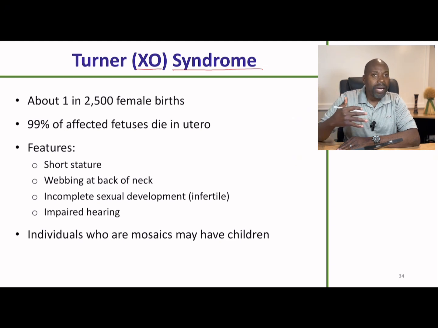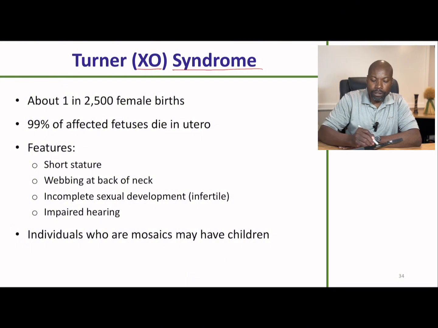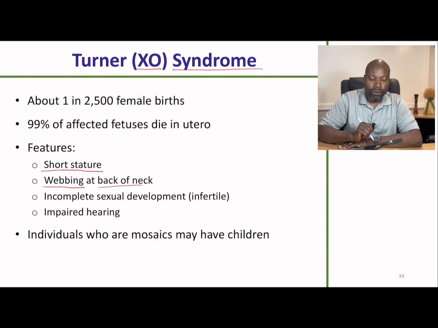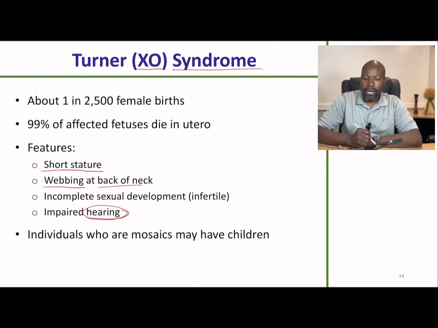Menstruation may not occur throughout the lifetime of the individual, right? They are going to be short in stature. Webbing at the back of the neck is very characteristic of individuals with Turner syndrome. An impairment in hearing can also occur, and these individuals can be mosaic, okay, and may have children or may not have children. Most of the time they don't have children.